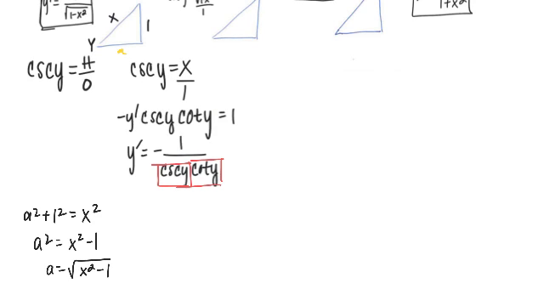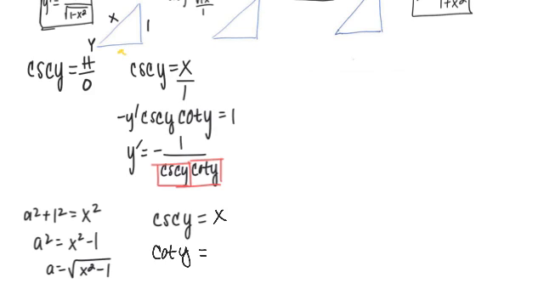So we have two that we're plugging in. We have to find cosecant and we also have to find cotangent. So let's find the expression for cosecant of y. So cosecant of y is going to equal hypotenuse over opposite, which is just going to be x. And then cotangent of y, so cotangent is going to be adjacent over opposite.